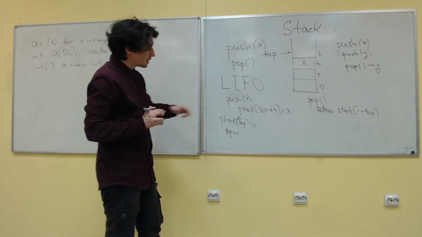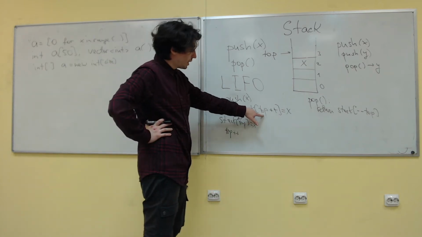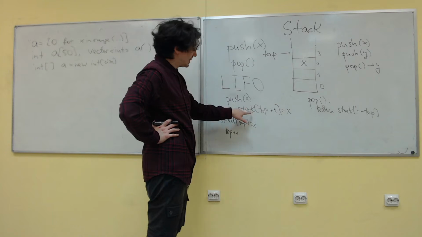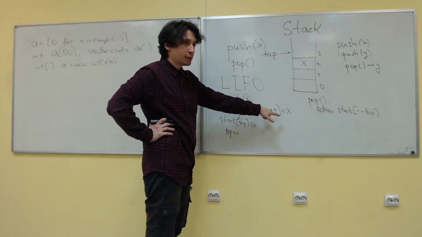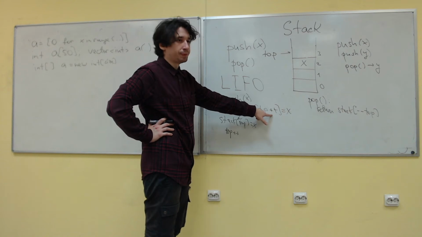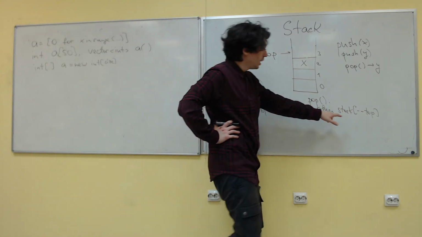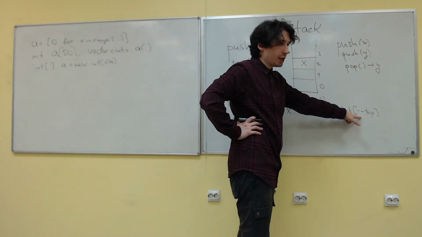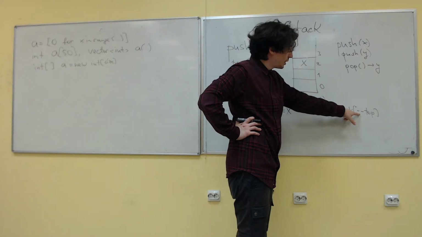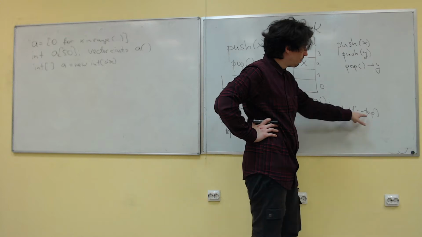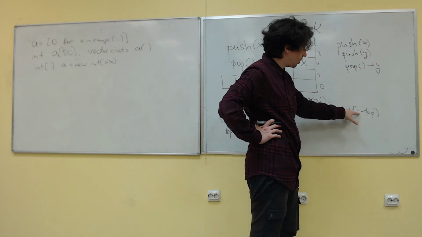What does this mean? We take the top, we set the stack at the position top to X, and then increment top. The pop operation is totally inverse. We want to get top minus 1, so we first do minus minus top.